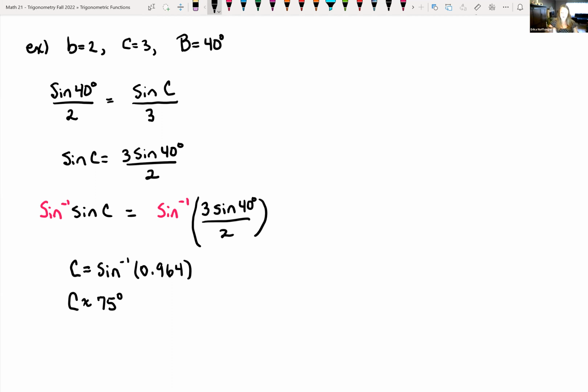Okay, so triangle 1. We just found that angle C is 75 degrees. Triangle 2.